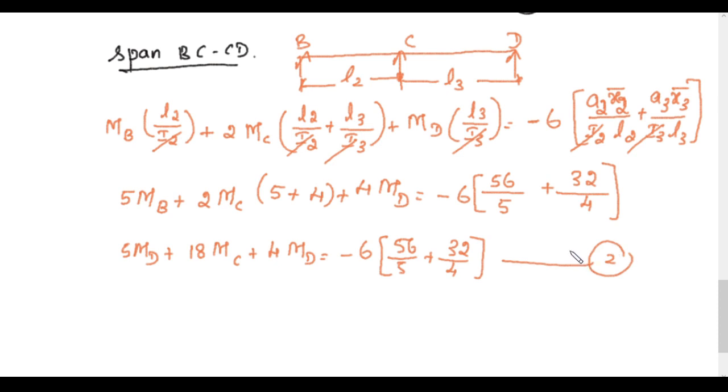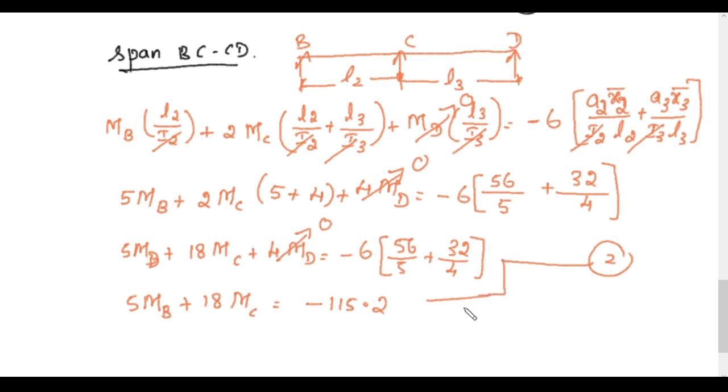And when you are solving these two equations, the value for MD is equal to 0. So we get 5MB plus 18MC is equal to minus 115.2. This will be our equation 2.